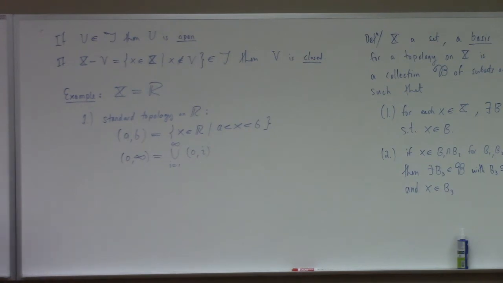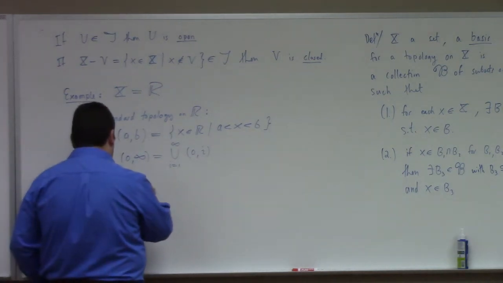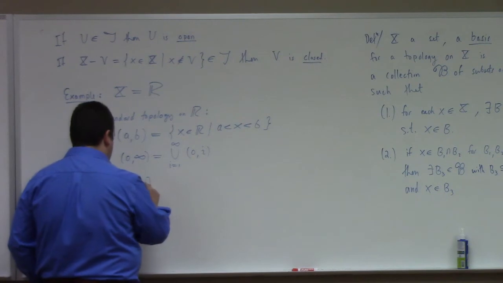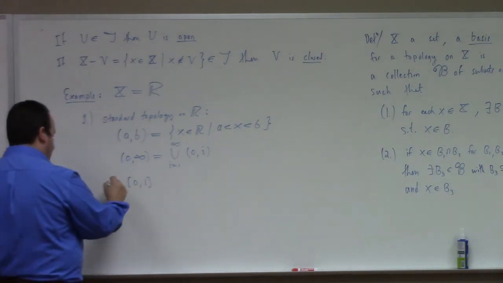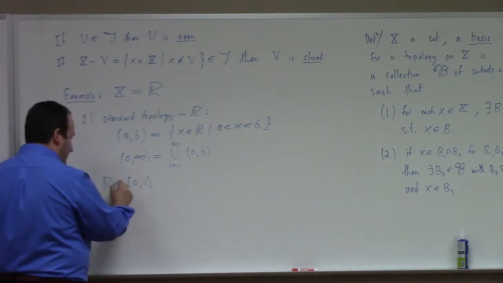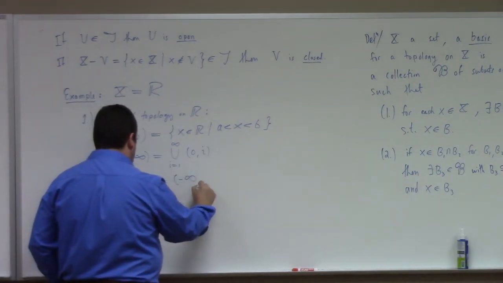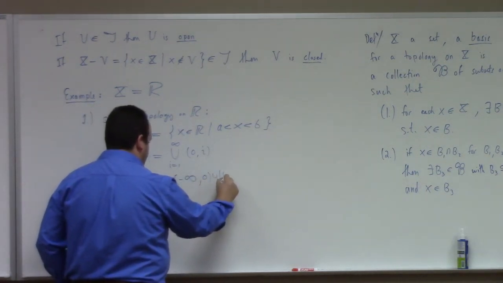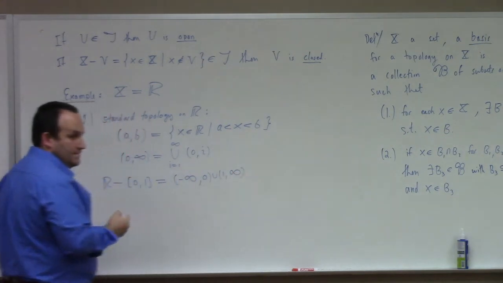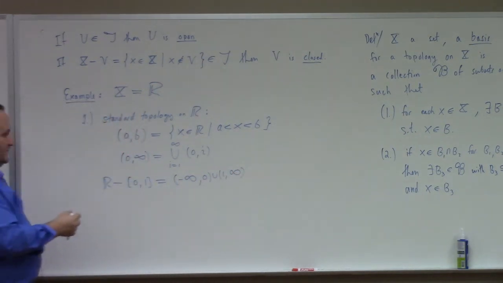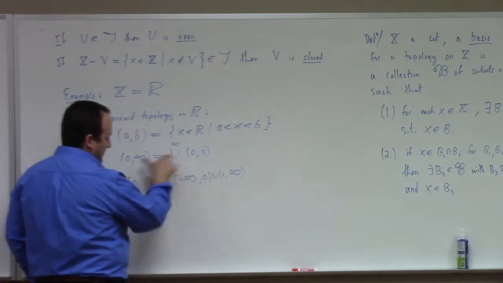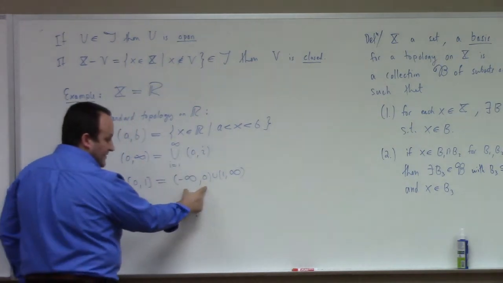On the other hand, if you look at, say, [0, 1], and you look at the reals with that removed, what do you got? You got minus infinity to 0, unioned with 1 to infinity. But this is open by much the same argument. It's not hard to show that that's open.